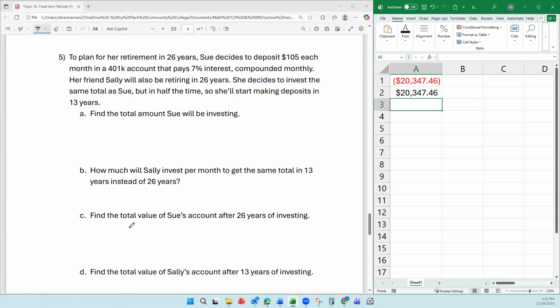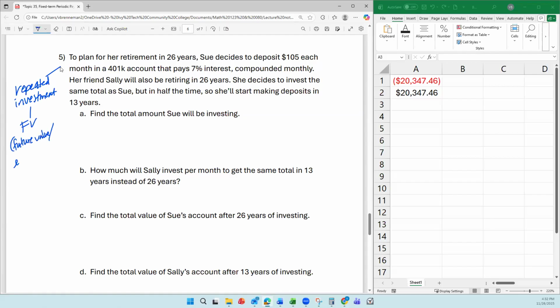So this is a repeated investment. She's putting in an amount each month. That's going to be FV. So repeated investment is going to use FV to find the future value, or what that means is the ending amount. So we'll get to that.